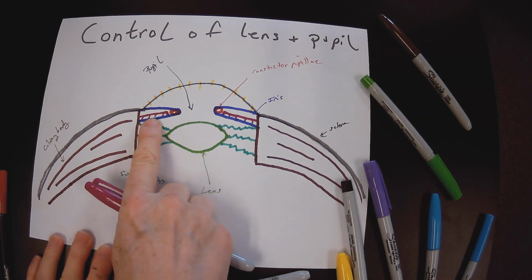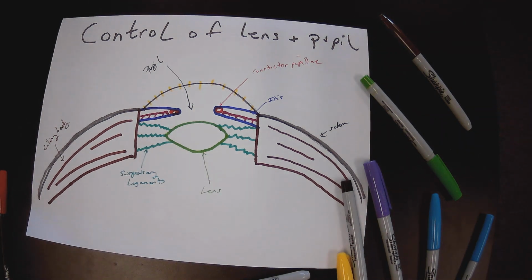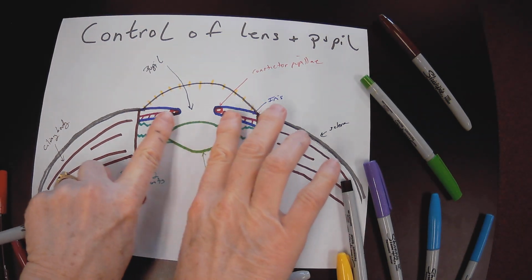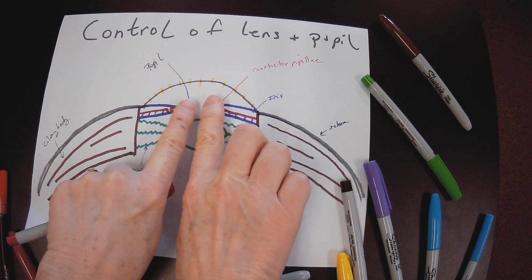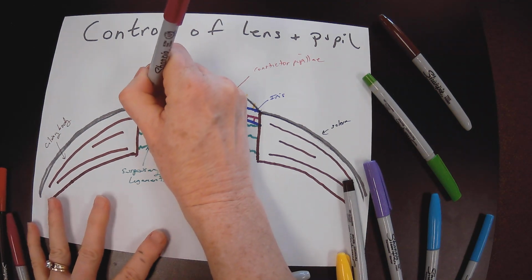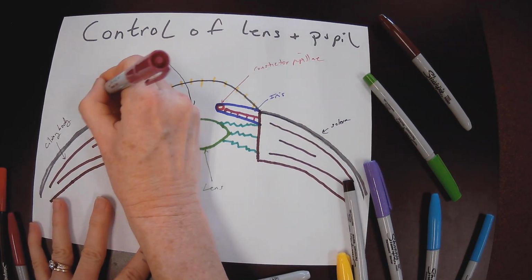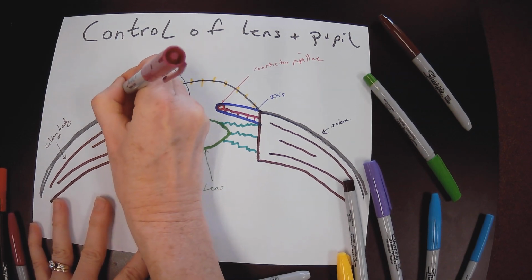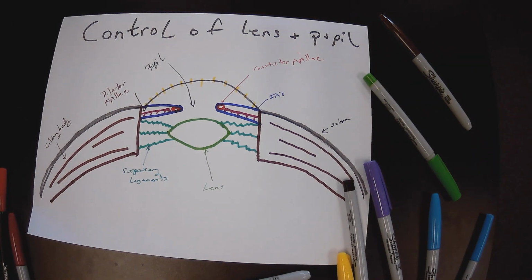Is it going to cause the pupil to constrict or dilate? Anybody see that? So if I contract, yeah, I can see how the pupil opens up. If this muscle contracts, this opens up this space. That's called the dilator pupillae. So two different muscles. The dilator pupillae is going to be the muscle in the iris that causes pupillary dilation.